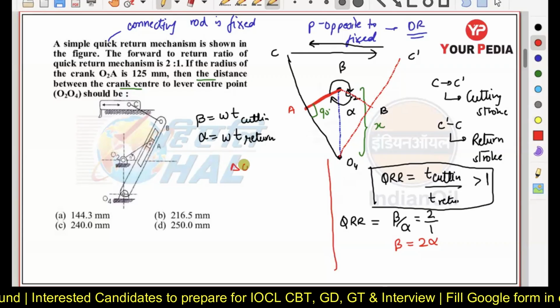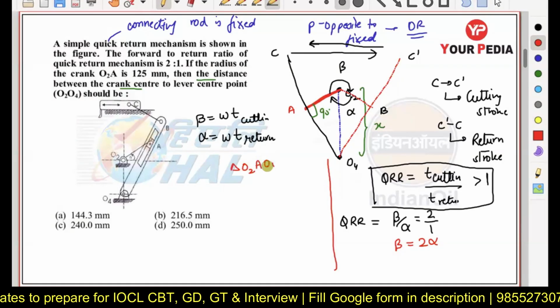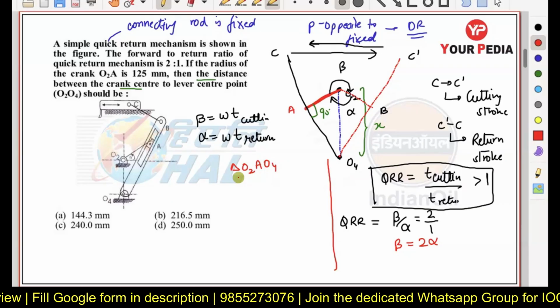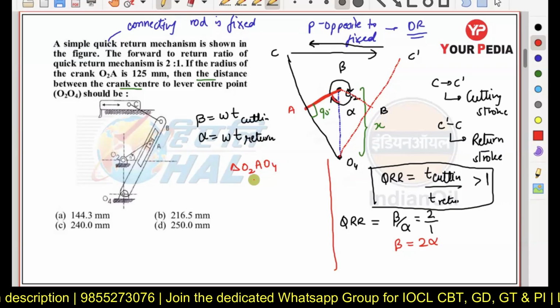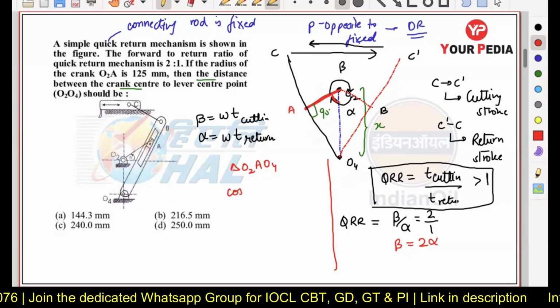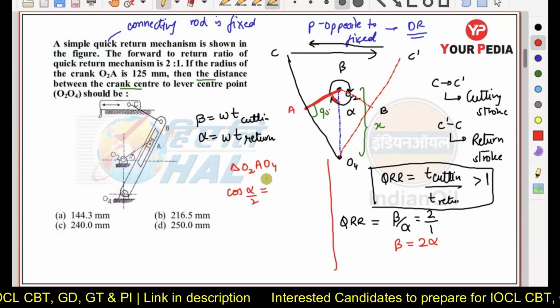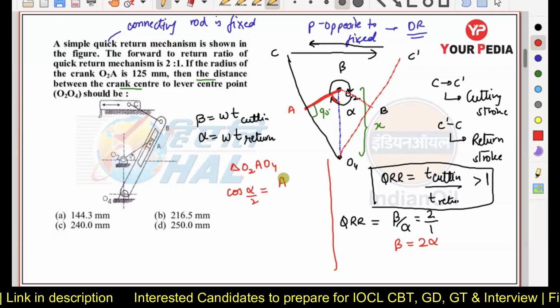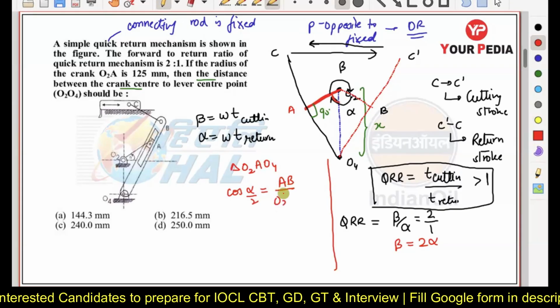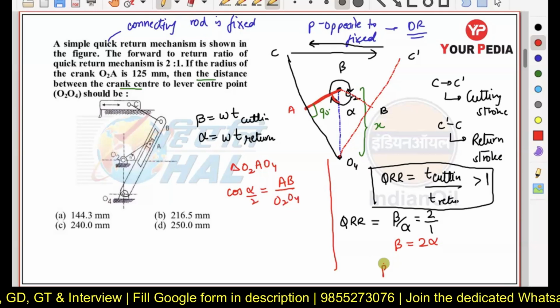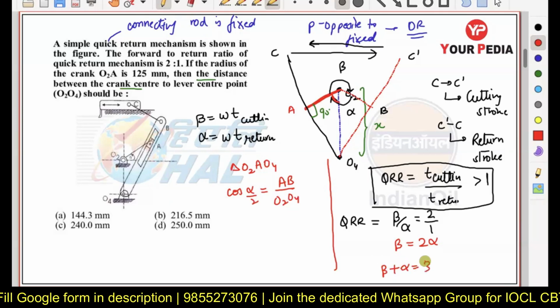So if beta is equal to twice alpha, now you can see from triangle O2 A O4, I can write simply, cos of alpha by 2 is representing the AB upon O2 O4. Here I can say beta plus alpha is equal to 360 degrees.